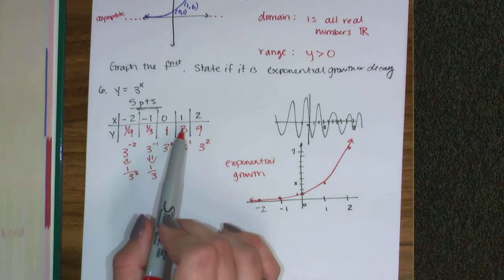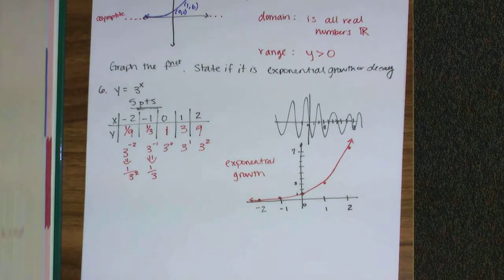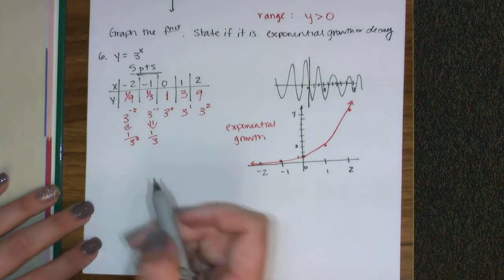Alright, number 10. Hopefully I have room to do this here. Alright, 10 is y is equal to 2 times 4 to the x. So again, I'm going to set up my table here with negative 2, negative 1, 0, 1, and 2.